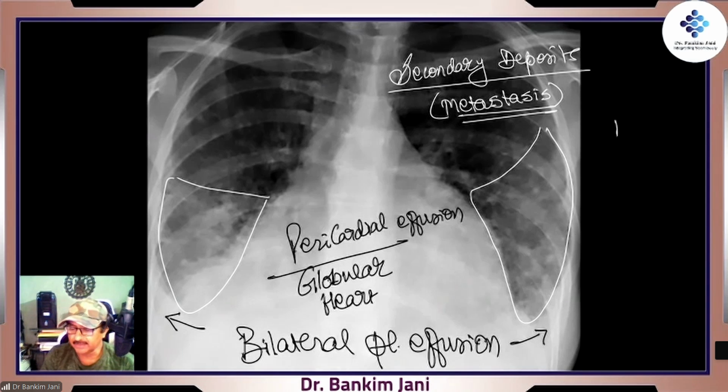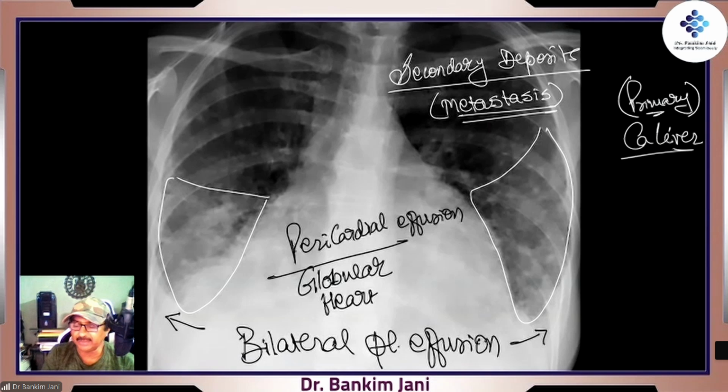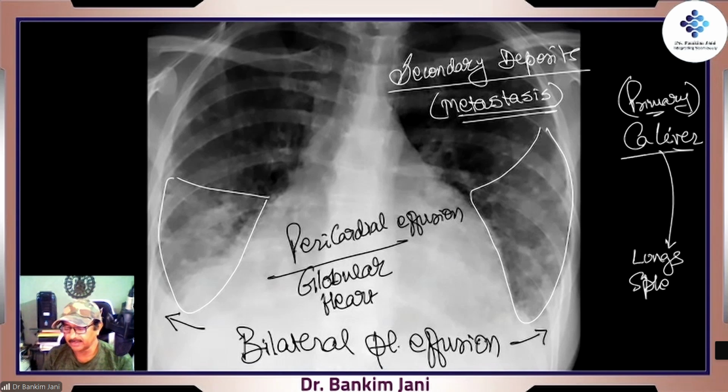Metastasis means this is primary. Say in this case, there is carcinoma of the liver, so that is called the primary carcinoma. And when this goes to an advanced level, the cancer cells go into lungs, spleen, bones, and the appearance changes at every level.